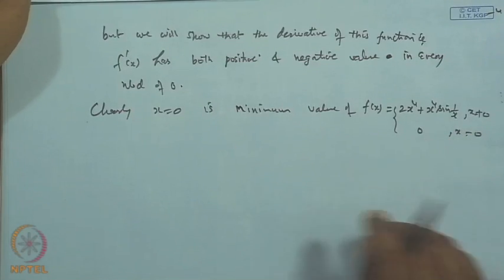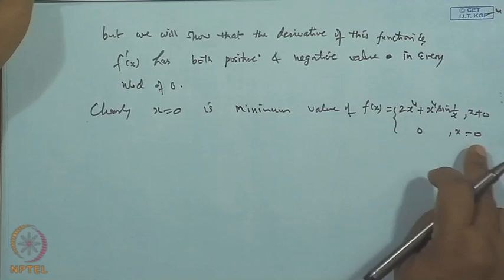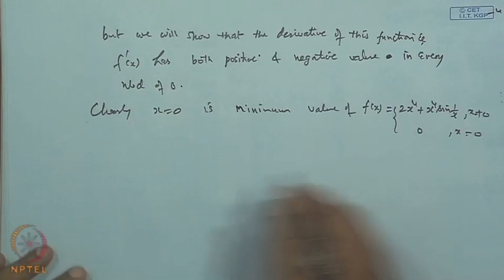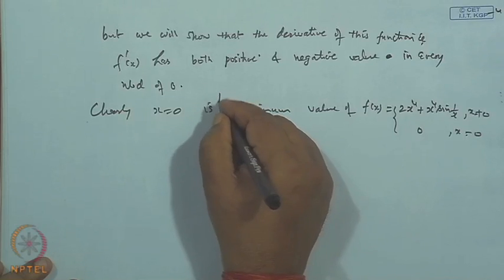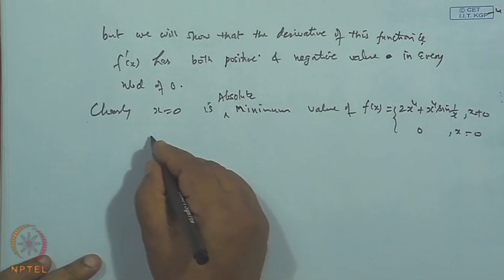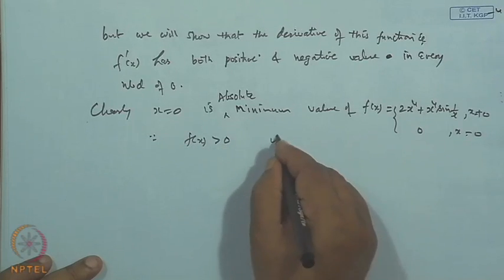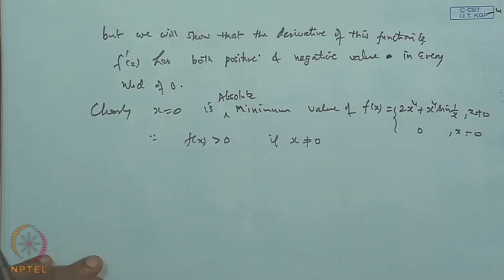Whatever x you choose, this will always be a positive quantity. So x equal to 0 is an absolute minimum. The reason is that f(x) will always be greater than 0 if x is different from 0.